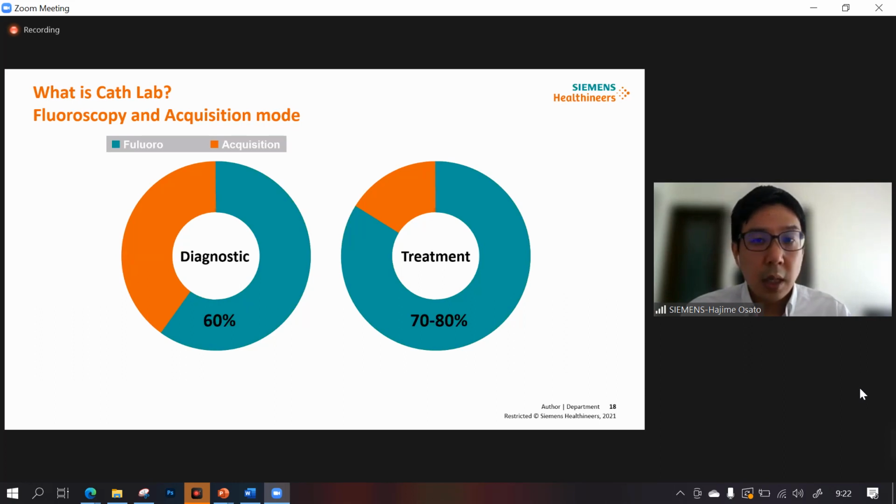Actually, Japanese customers use low dose fluoro mode for treatment case, and low dose acquisition mode for diagnostic case. So they think about the weight of the fluoro for each treatment case.